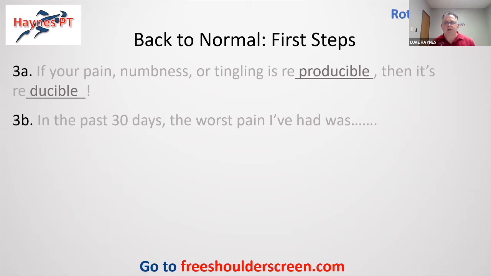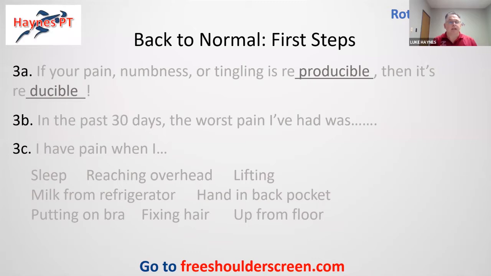Mine tends to be, if it's going to be an issue, in the morning, because I tend to sleep on my shoulder, which I shouldn't, but I sleep how I sleep. So that's probably the worst that I've dealt with. So think about what you were doing and what happened whenever you had your shoulder pain at its worst, and then how bad was it?